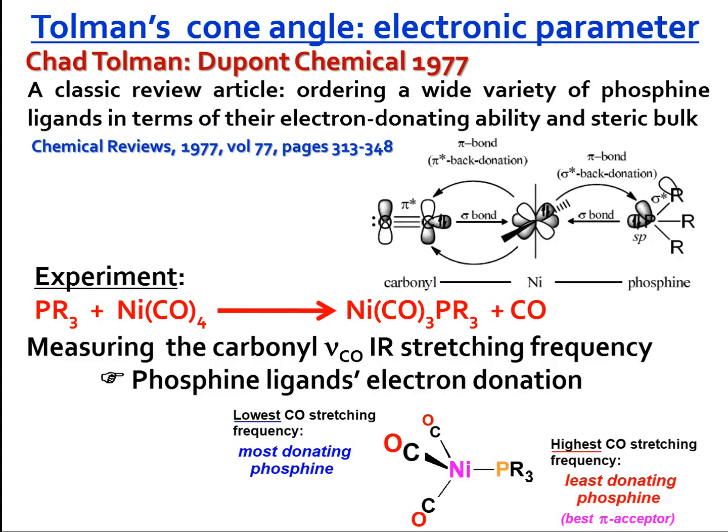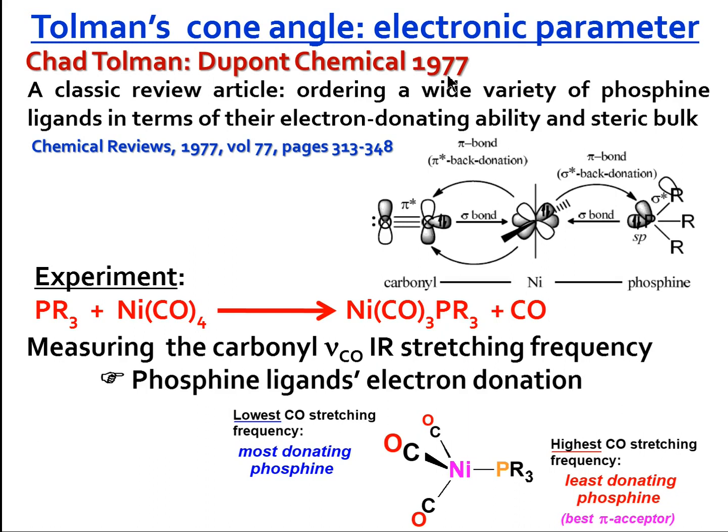Phosphine ligand donation is affected by two factors: first, the nature of the R groups around P, or the donation of the R groups, and second, the steric effect, or the bulkiness of the phosphine ligand.